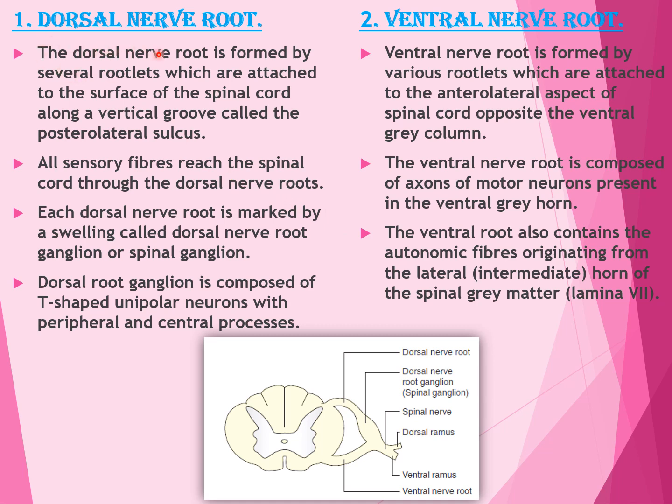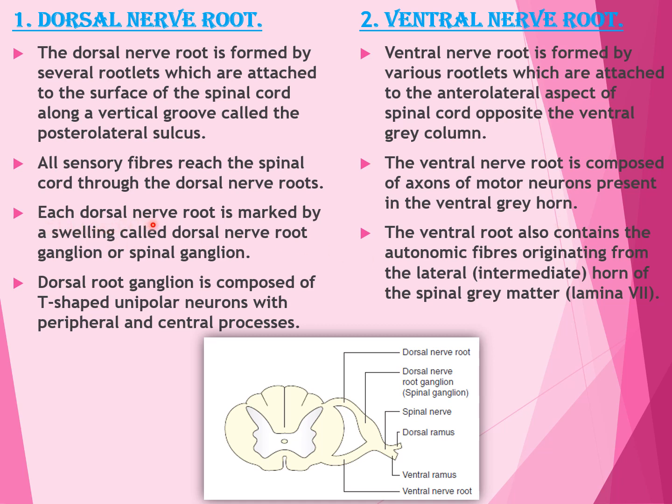There are certain differences between the dorsal nerve root and ventral nerve root. All the sensory fibers reach the spinal cord through the dorsal nerve root, and the ventral nerve root is composed of axons of the motor neurons present in the ventral gray horn.